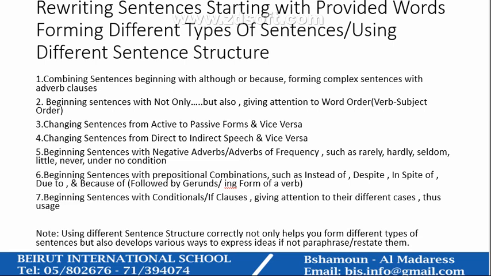Here's a note for you students: using different sentence structure correctly not only helps you form different types of sentences, but also develops various ways to express ideas, if not paraphrase or restate them.